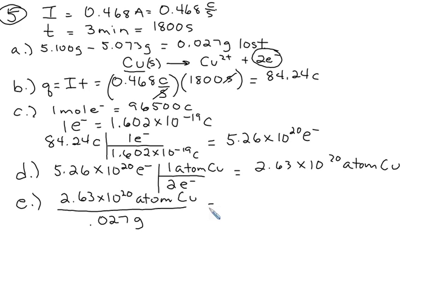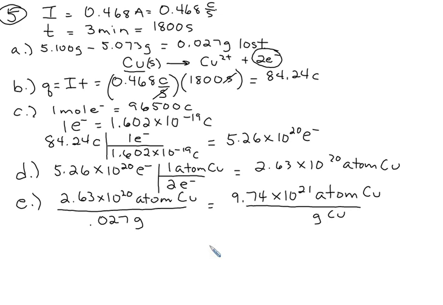And so we do the math, and that gives us 9.74 times 10 to the 21 atoms generated per gram of copper. Okay? Atoms of copper for every gram of copper.